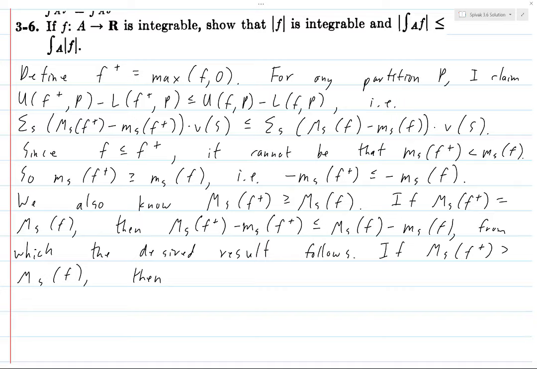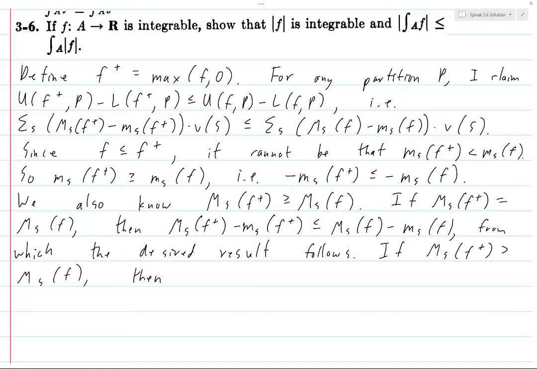Now, if f is strictly positive at any point, then f is going to equal f plus at that point, and then f is going to equal f plus at all points in the domain which allow f to take on even greater values. And so if it happens to be the case that f is positive at any point, then the supremum of f has to be equal to the supremum of f plus.